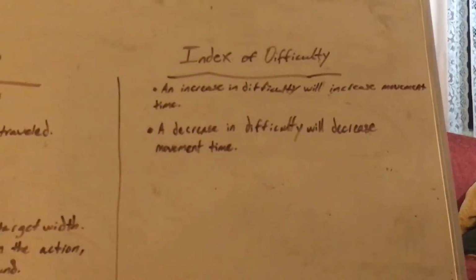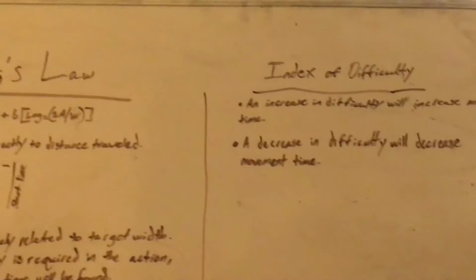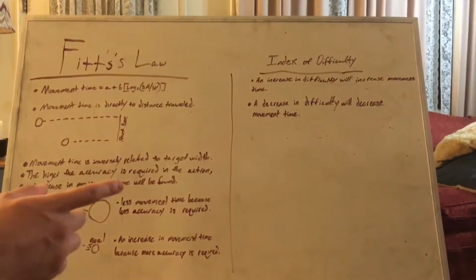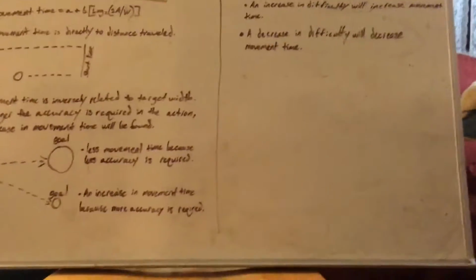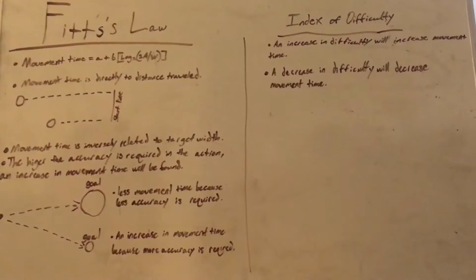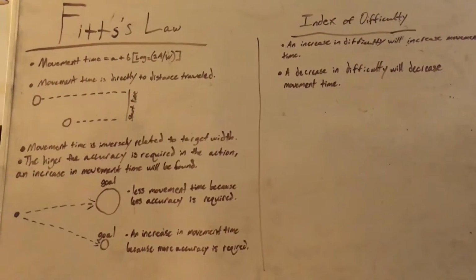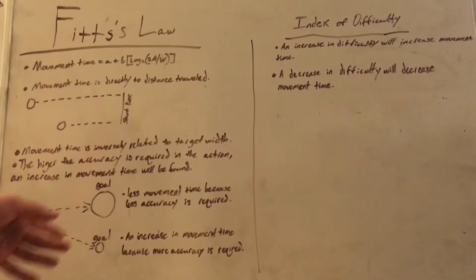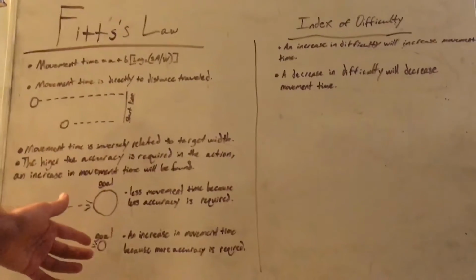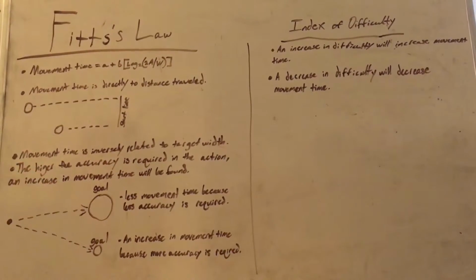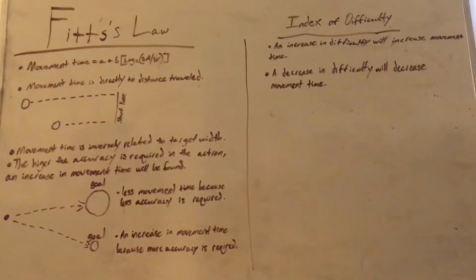Reaction time and movement time can both be changed through training. Going back to movement time, accuracy and speed can both be augmented through training. Going back to the goals, even though they're different sizes, if someone did train, they could throw into the smaller goal at the same movement time as the bigger goal through training and an increase in accuracy.